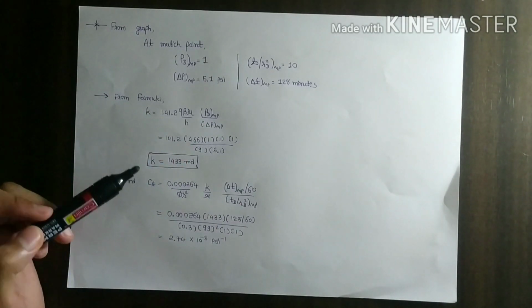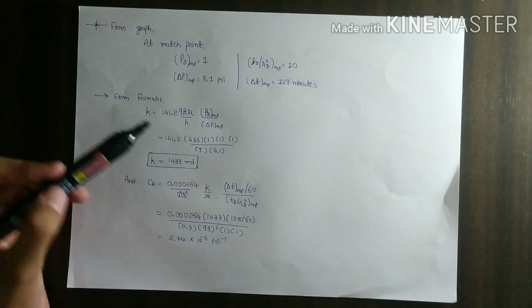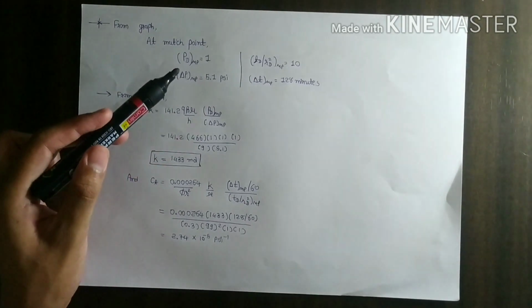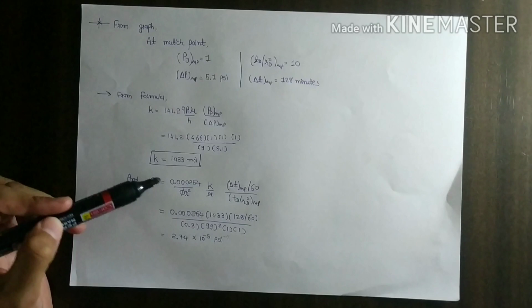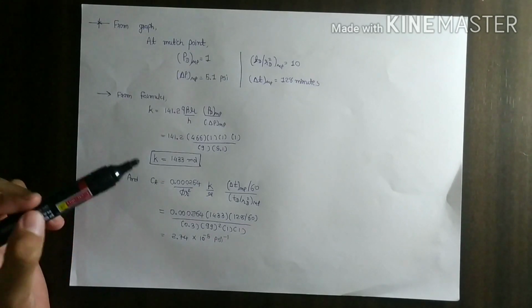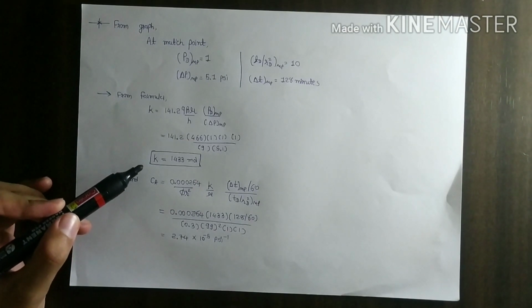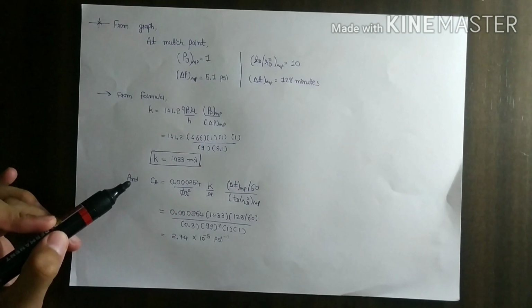By inputting all of these values, which are given in the problem statement, and the match point values given above, we get the value of permeability as 1433 millidarcy. Note that this value of permeability is the average permeability of the formation.